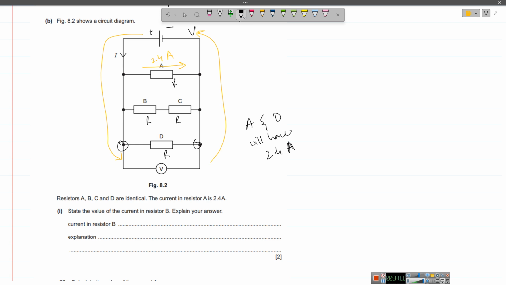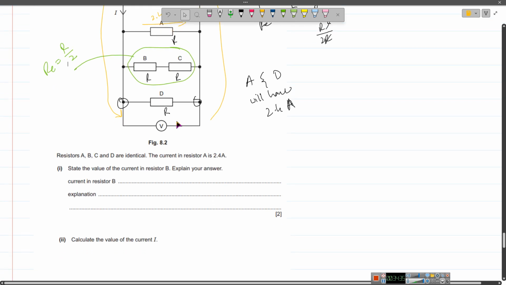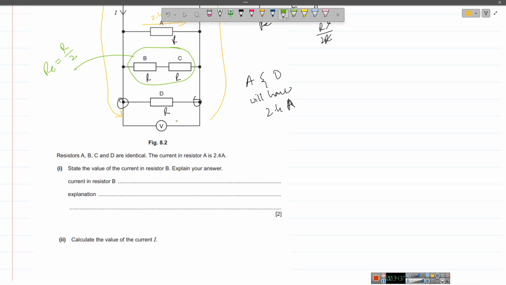And now keep in mind, B and C are basically resistors in parallel. So the equivalent resistance is going to be 1 over R plus 1 over R. That is going to be R squared over 2R, so the R cancels off. So it is R by 2. That means this whole combination as an equivalent is basically R by 2, half the value. And since this is half the value, the current would be less than that.